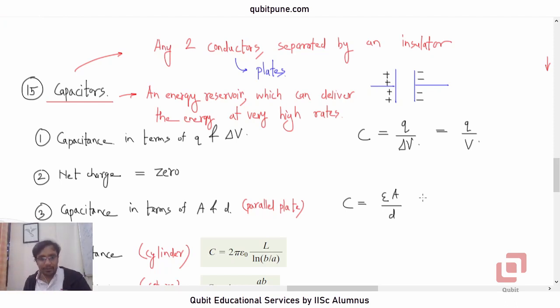If it is vacuum, then this is epsilon naught for vacuum, and for other media it is epsilon naught into kappa, where kappa is the dielectric constant.